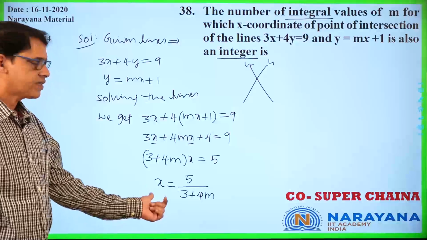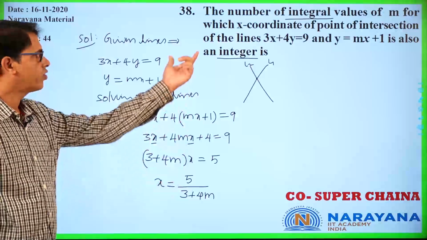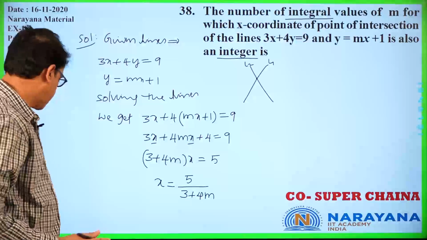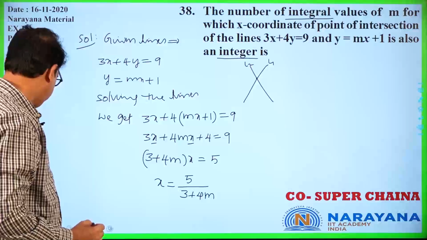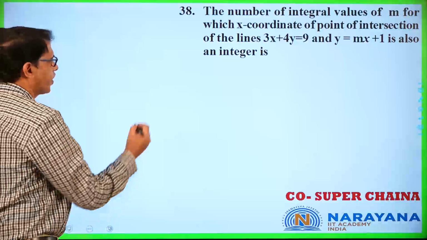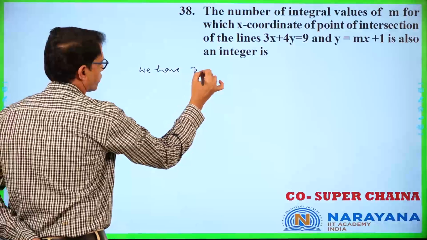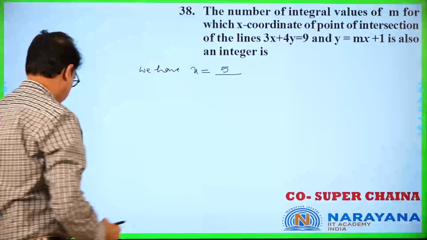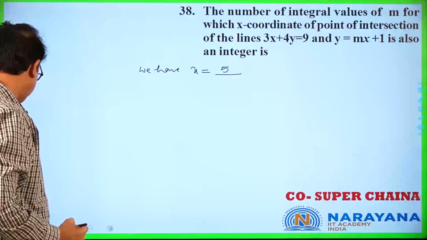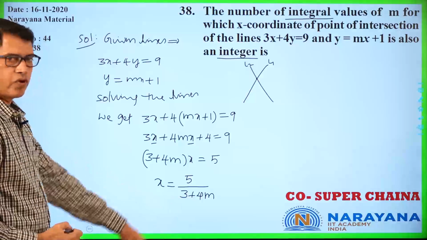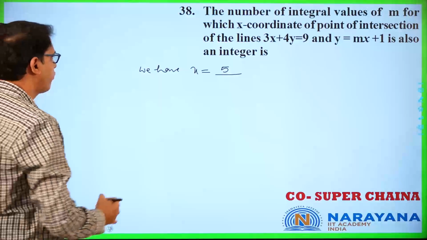So let us evaluate the m value according to these two conditions. Here x equals 5 upon 3 + 4m.